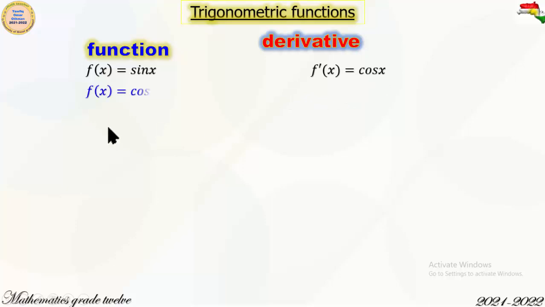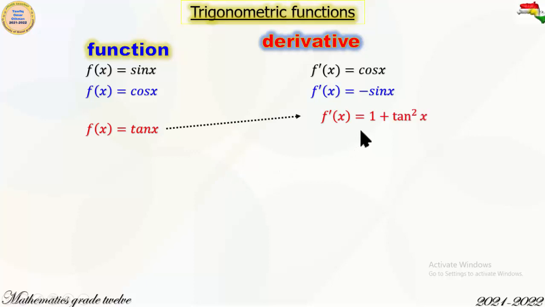cosine x. F of x is equal to cosine x, then f prime of x is minus sine x. F of x is tangent x. It has two rules. The first one, f prime of x is equal to 1 plus tangent square x. And the second one, f prime of x equals 1 over cosine square x.